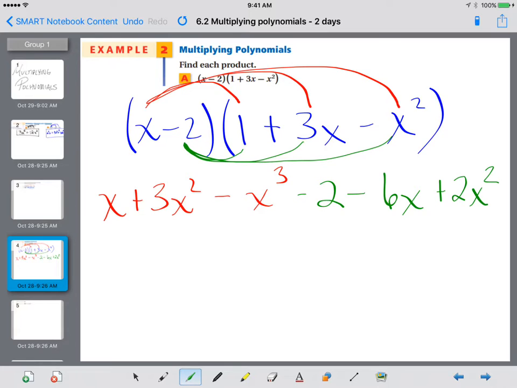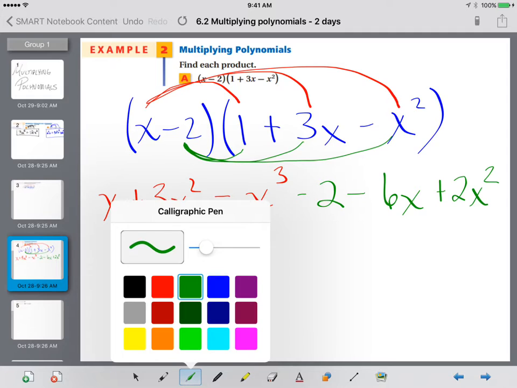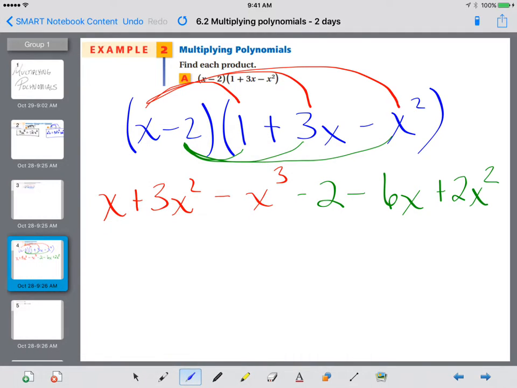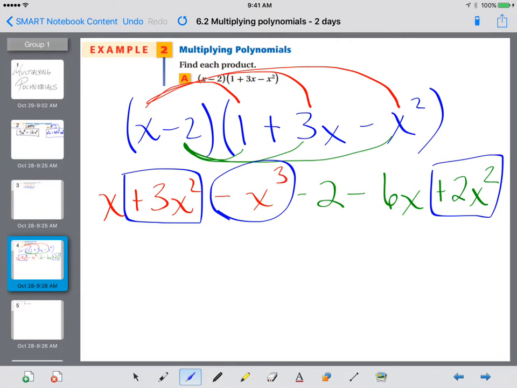Now we can go through and combine our like terms. So I'm going to start with the x to the second powers. Actually, I almost made a mistake here. We should start with the x to the third. So the first term I'm going to rewrite is negative x to the third.